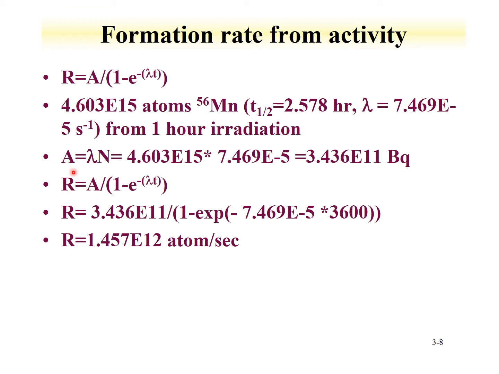That's my activity. I substitute the activity into 1 minus e to the minus lambda times the time, and I get a production rate. This is the overall production rate, and it does include the decay as a function of the irradiation time.